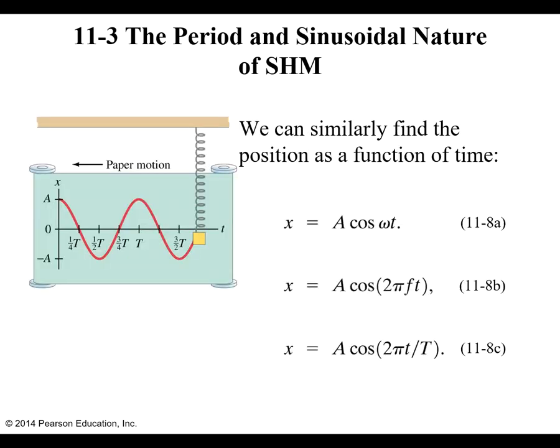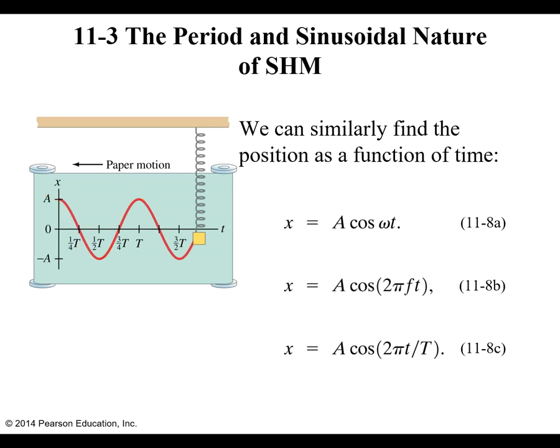We ended up last video talking about this equation, the position of a simple harmonic oscillator. So here, in the graph on the left, you're looking at position as a function of time. And you can see that the position, if it starts at a positive amplitude A, follows some cosine function.